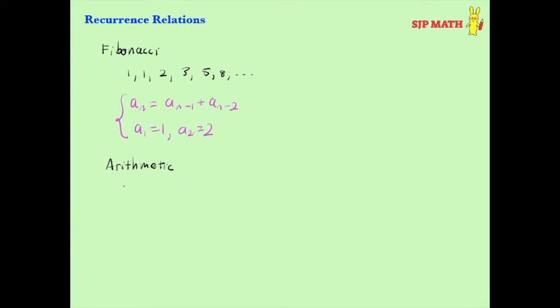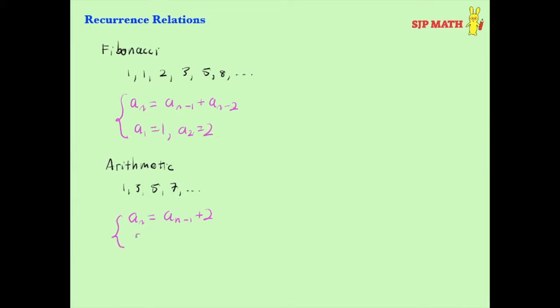Because if you look at it, if we have 1, 3, 5, 7, and so on, we have a common difference of 2, obviously. And basically what we're doing is the nth term is equal to the previous term plus 2. So it's basically just a recurrence relation, but a really simple one because it only depends on one other term plus a constant.